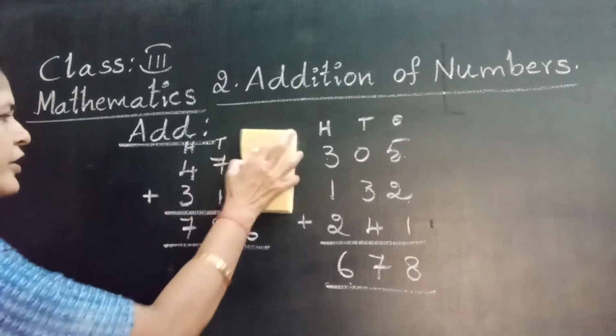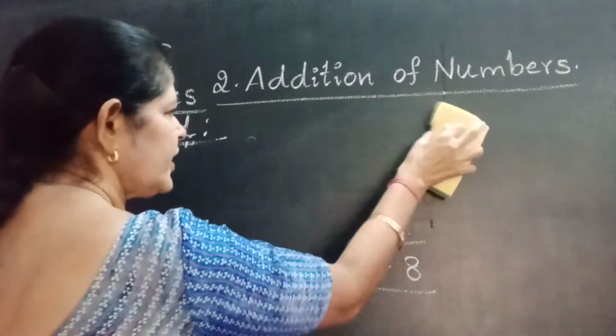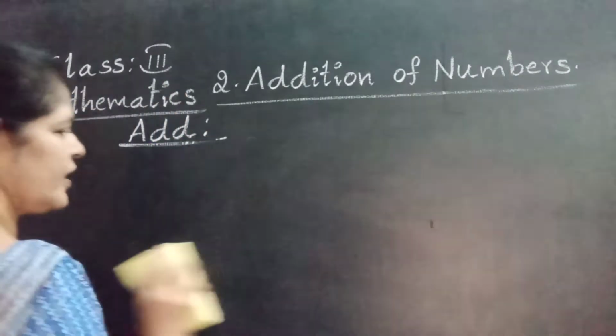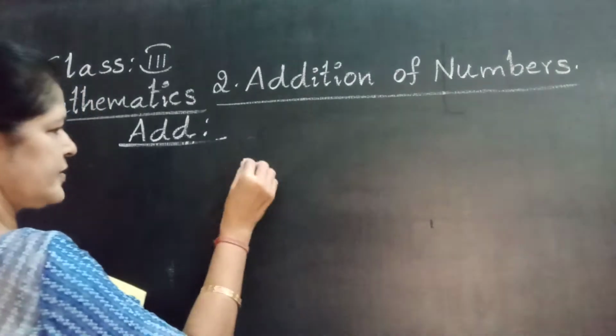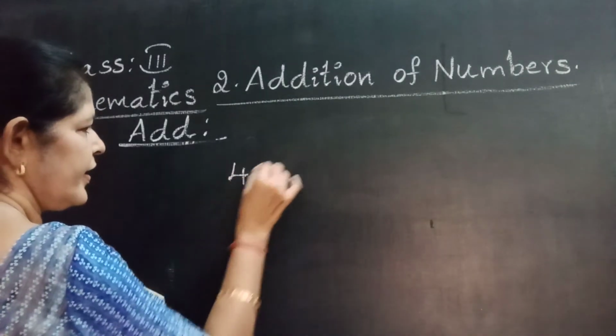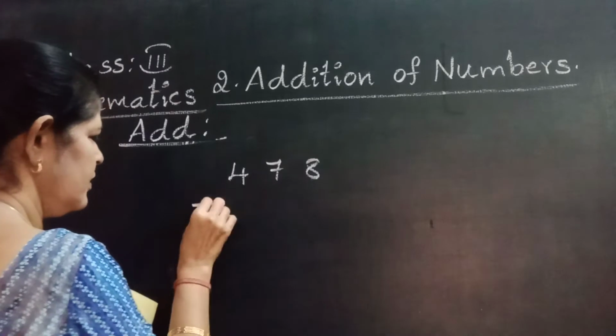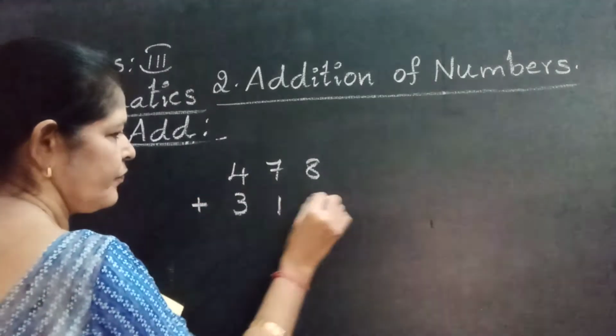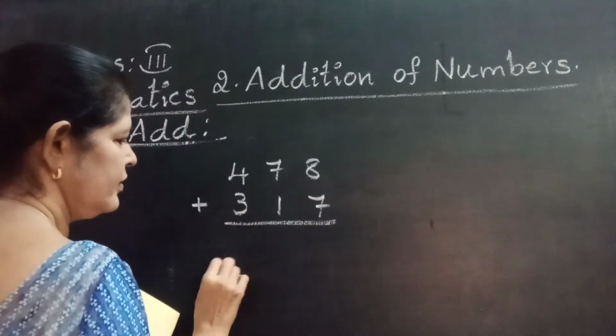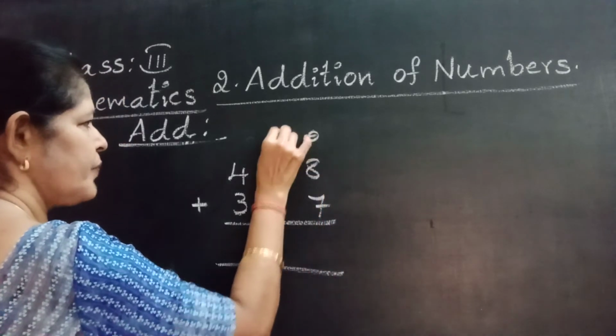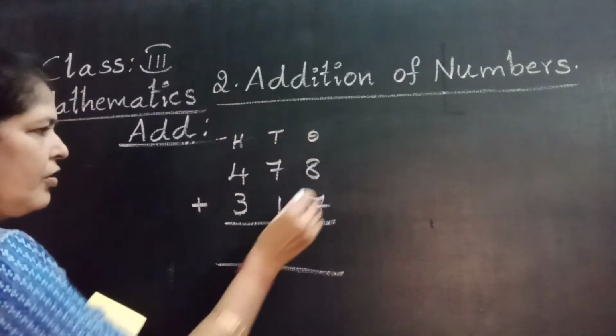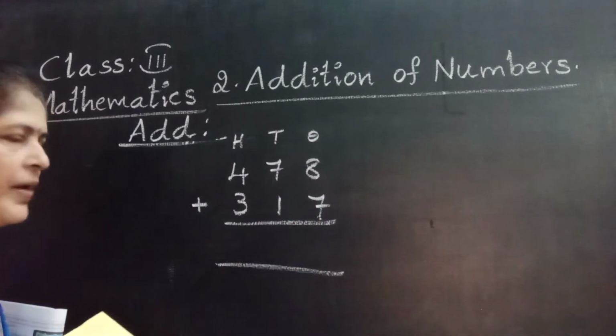Okay, now I am going to show addition with regrouping of 3-digit numbers. 478 plus 370. Here also start from 1's place only. Yes or no? Come on, adding 1's. 8 plus 7.